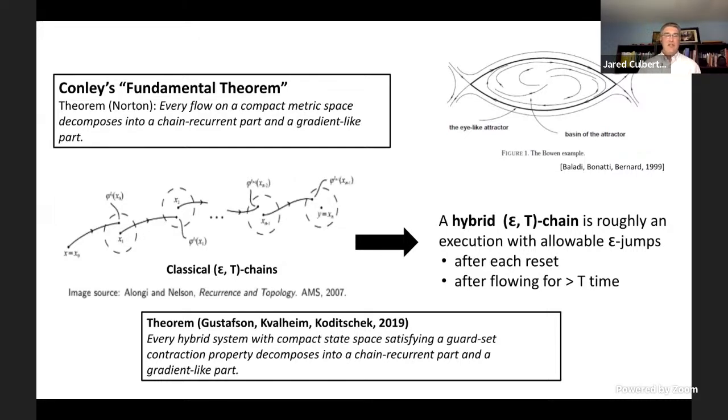The really amazing thing about this theorem is that it doesn't matter how complex the dynamics are. You could take whatever sort of chaotic attractors you have, whatever strange things you have going on. This has been extended past just compact spaces now, but the easiest case is to stay on a compact space.